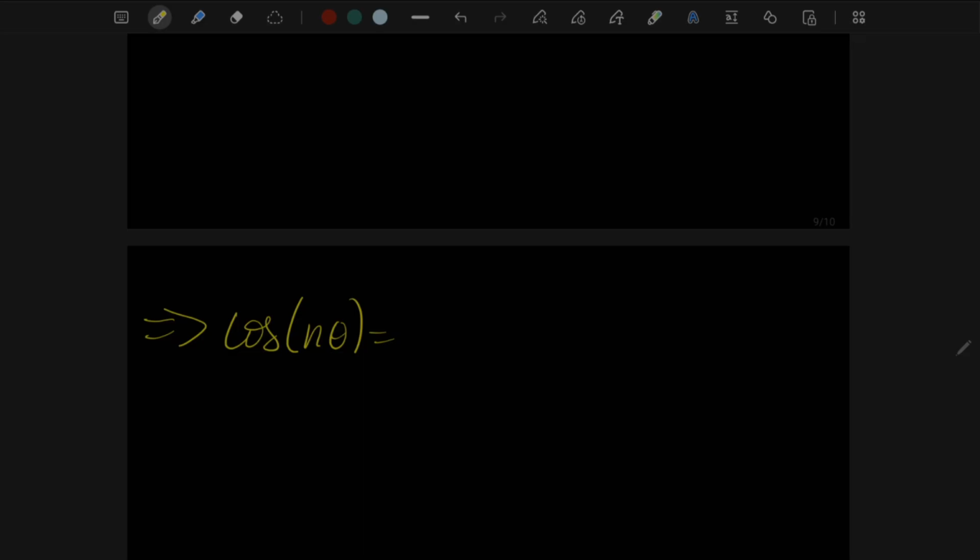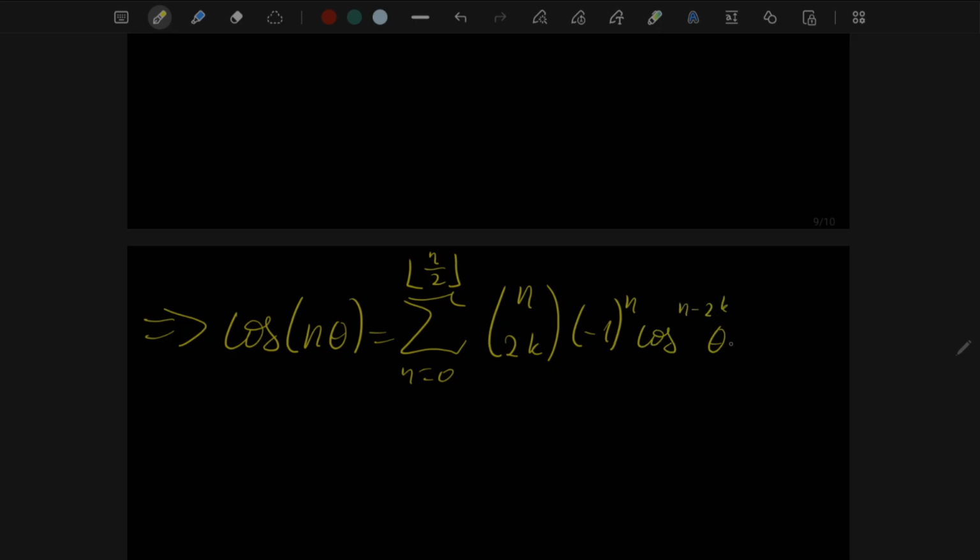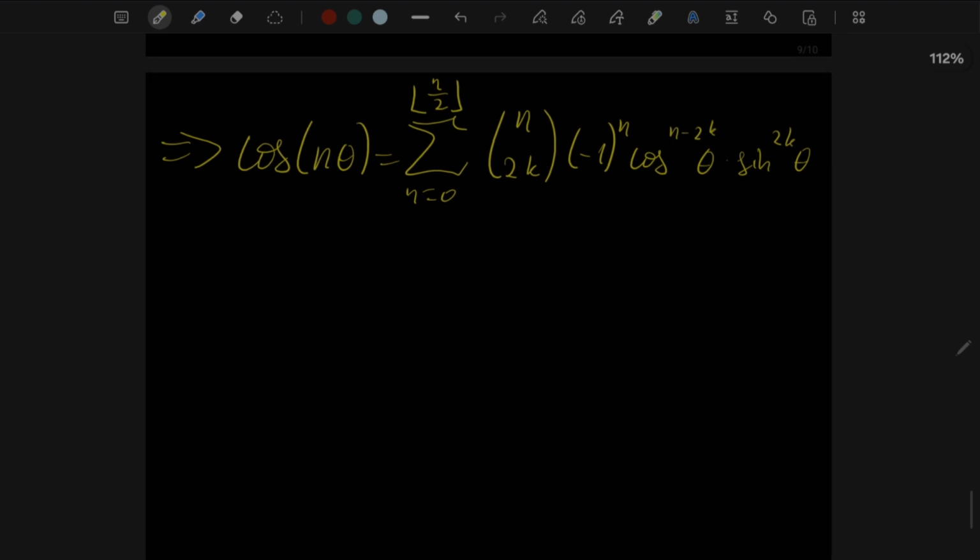Okay, so it will be a sum. Just like that. And we can also write the formula for the sine of n theta.